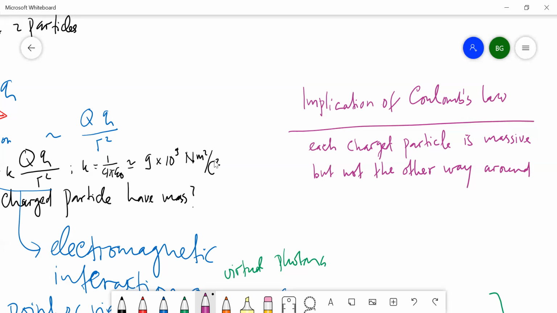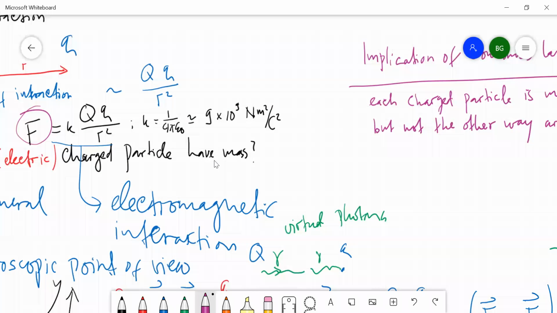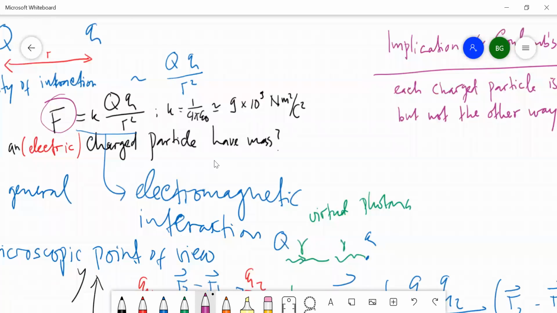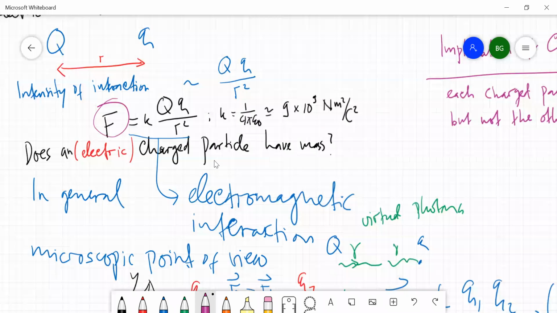So each charged particle is massive, but a massive particle is not always a charged particle, okay? Okay, any question about this?